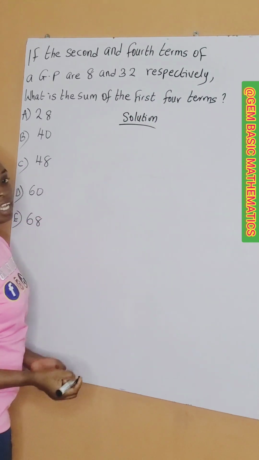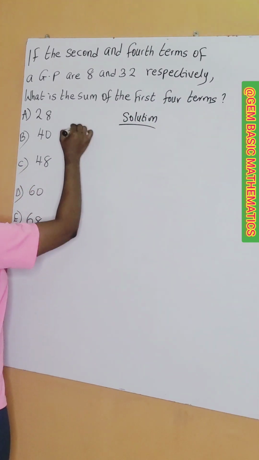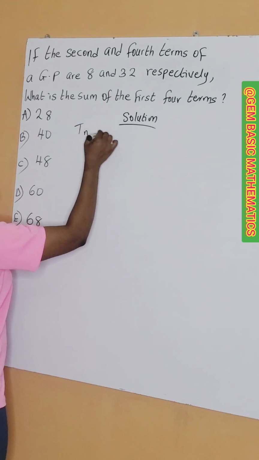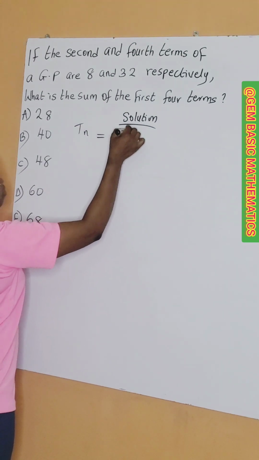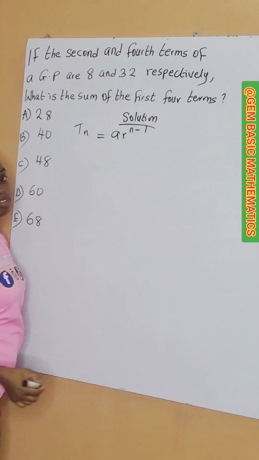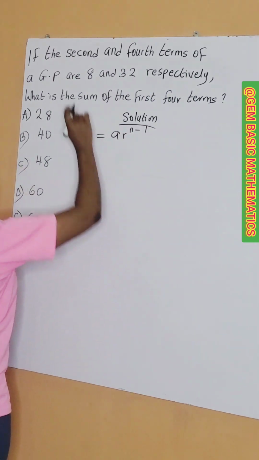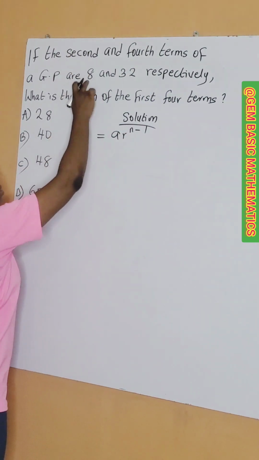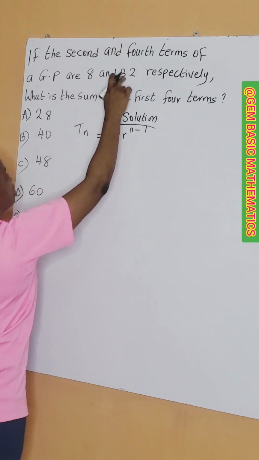We know that the formula for calculating a GP is Tn equals A r raised to the power of n minus 1. We're told that the second term is 8 and the fourth term is 32.